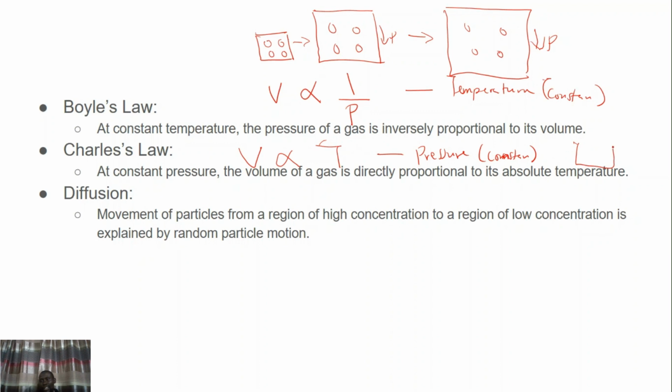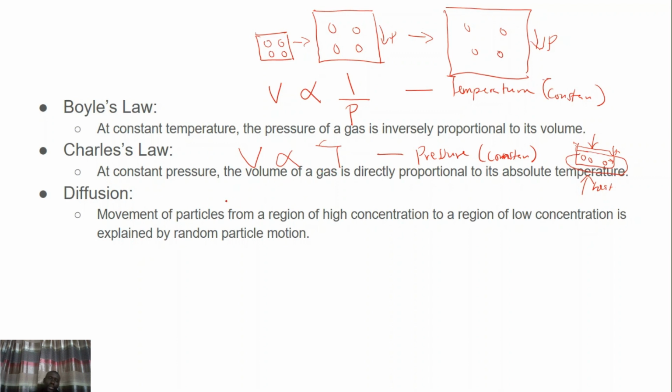Let's say this is a container containing a gas under some pressure. If this pressure is constant, when we heat this container, what happens? The molecules of the gas will be colliding with the container at a faster rate, so the pressure will want to increase. For it to remain constant, the volume of this container needs to increase. Okay? So it is the kinetic theory of matter that makes us understand this.